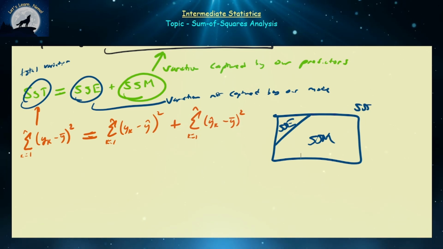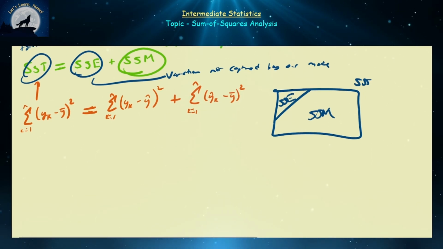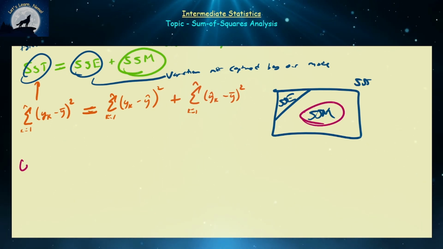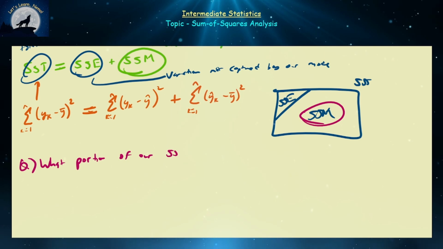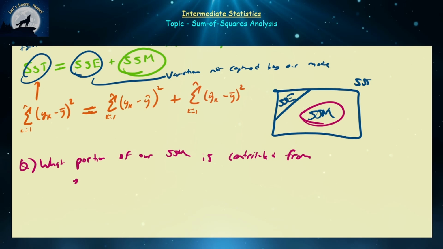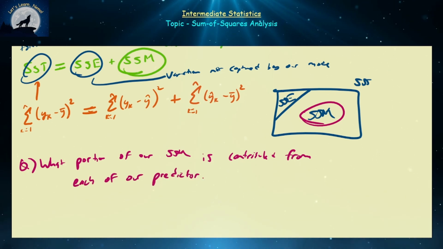But there's one natural question that one could ask, because all of our predictors are contributing to this particular SSM. So one could ask, what portion of our SSM in our model is contributed from each of our predictors x k, let's say, where k ranges from 1 to p?